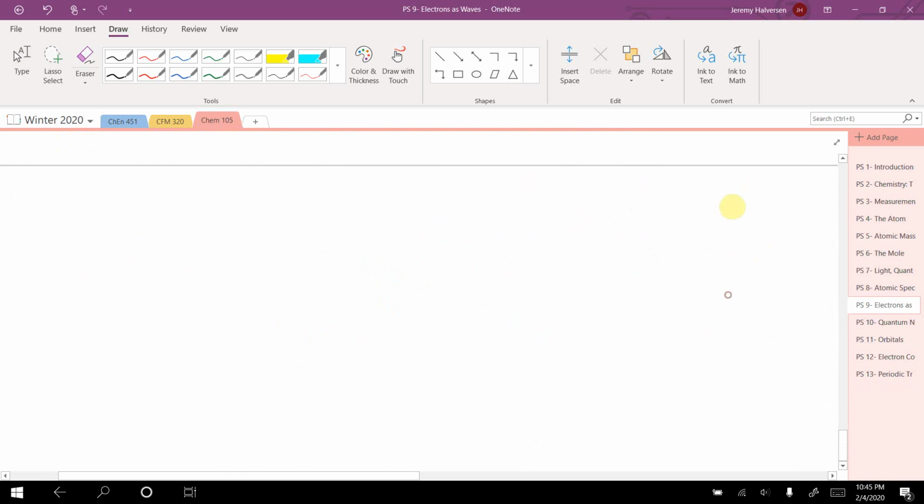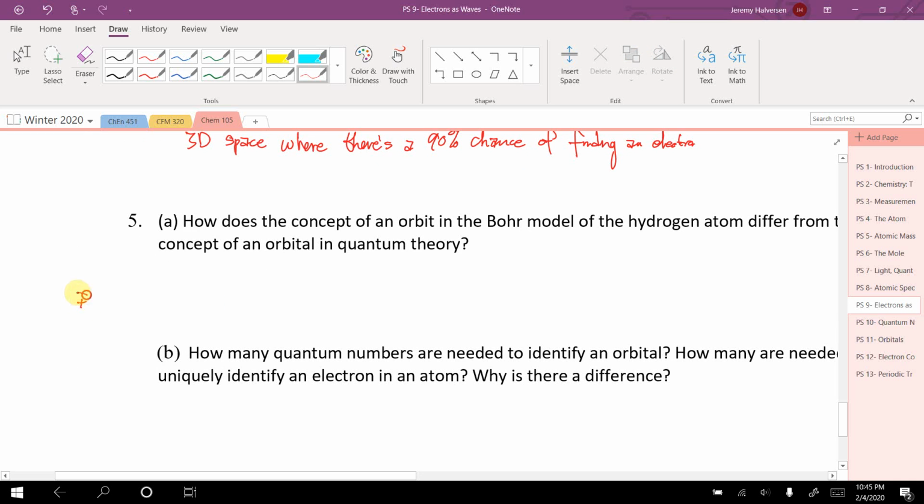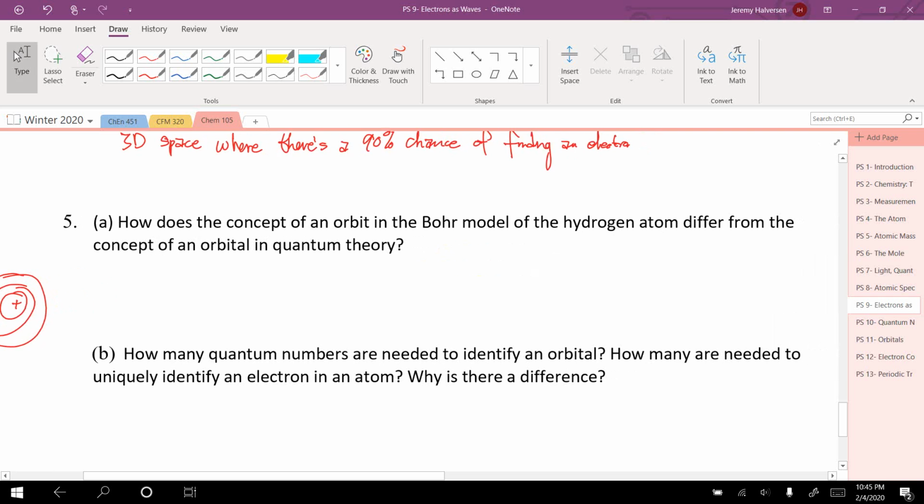All right, last question. How does the concept of an orbit in the Bohr model of the hydrogen atom differ from the concept of an orbital in quantum theory? So remember, the Bohr model had a nucleus with n levels around it, and now quantum theory says instead of these orbits, we're treating electrons as waves, and we're saying instead of this is where they are, this is where they're likely to be. So Bohr is 2D, quantum is 3D.